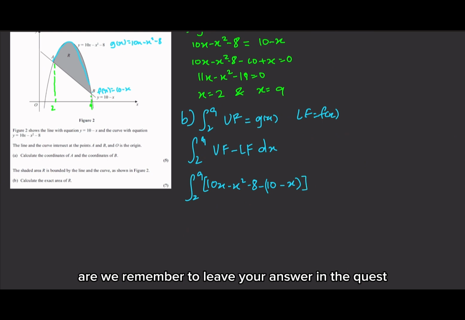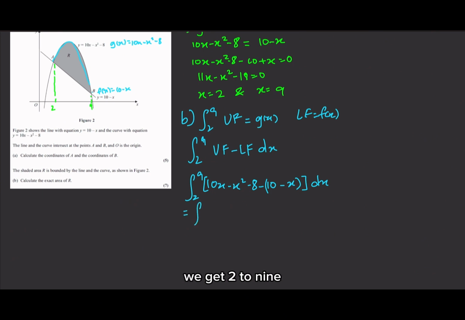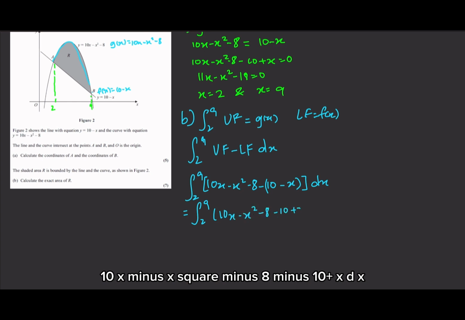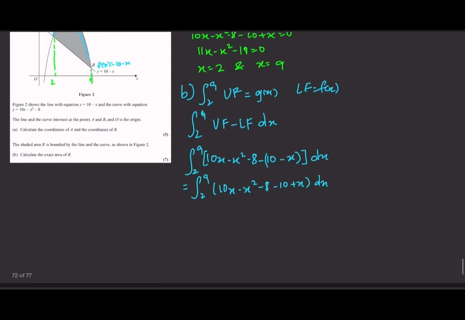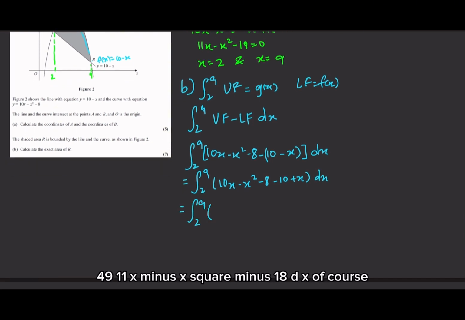Always remember to leave your answer in brackets because you don't want to mix up the signs. So simplify, we get integral from 2 to 9, 10x minus x squared minus 8 minus 10 plus x dx. Integral from 2 to 9, 11x minus x squared minus 18 dx.